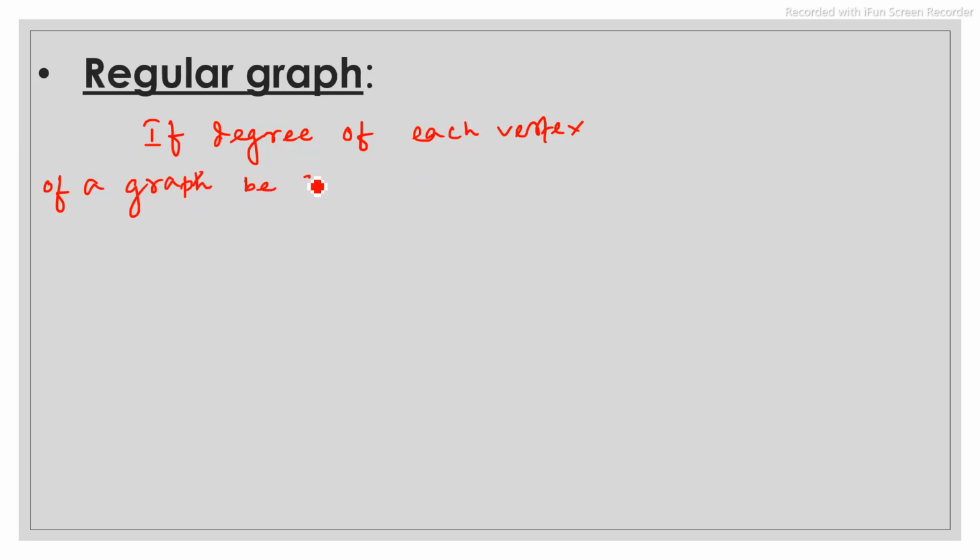If the degree of each vertex of a graph is the same or equal, then that graph is called a regular graph.